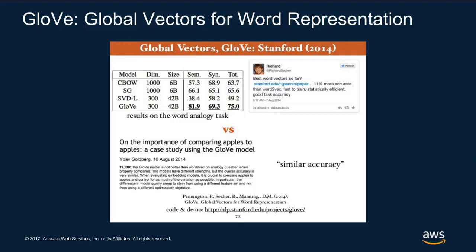Generally, what the Stanford slide shows is that GloVe performs better on these different tasks than CBOW, which stands for continuous bag of words, or the skip-gram representations for word2vec.